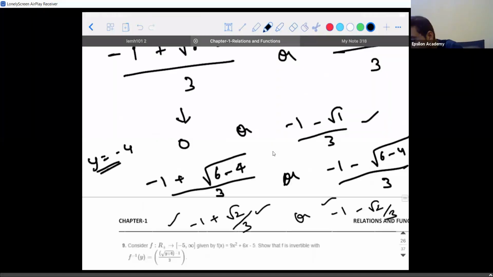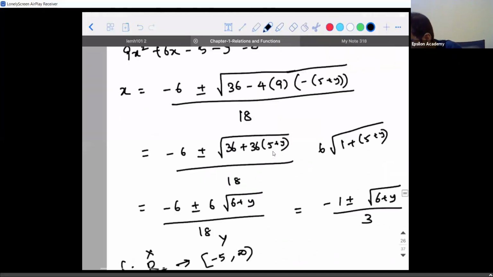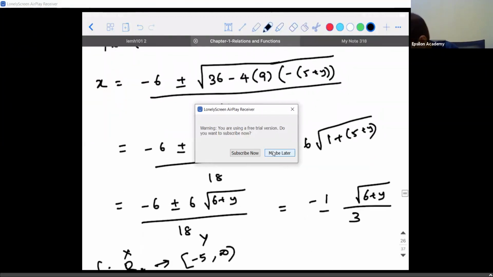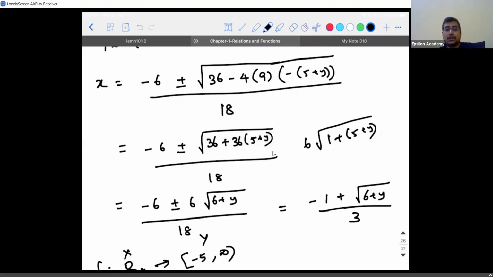So the conclusion that I need to make here is, when I write x in terms of y, what is it that I need to eliminate? I need to eliminate the minus sign. So (-1 plus root of 6 minus y)/3 will be the required function. Now you tell me directly what is the inverse?